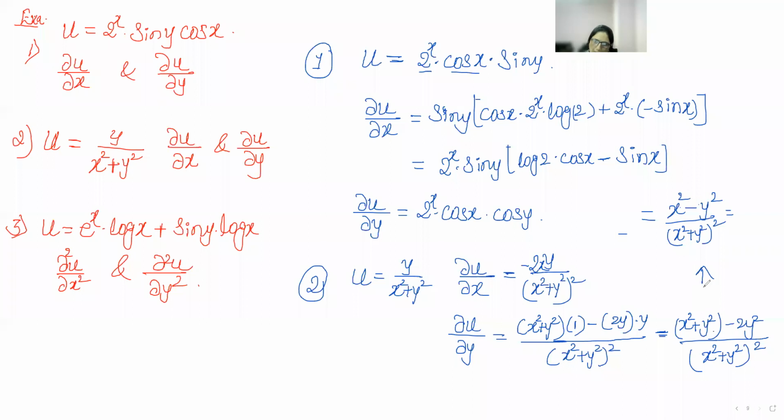Something going wrong. Here what will you get, 2y, y upon x square plus y square, that is minus 1 upon x square minus y square. X plus y, x minus y. Let me see here.